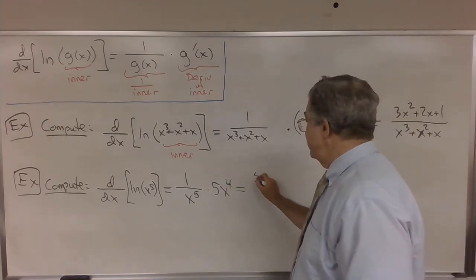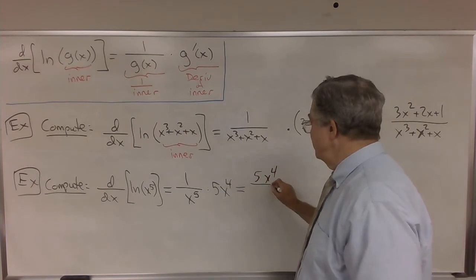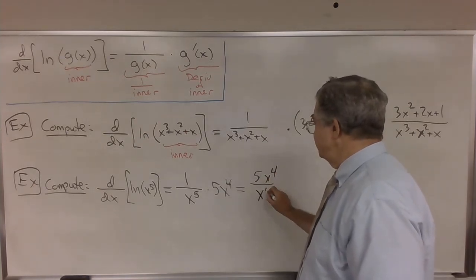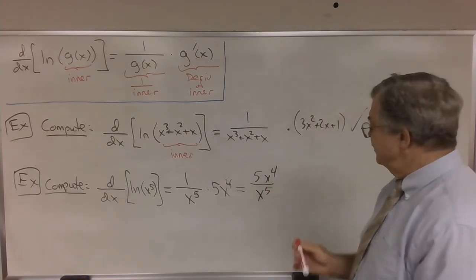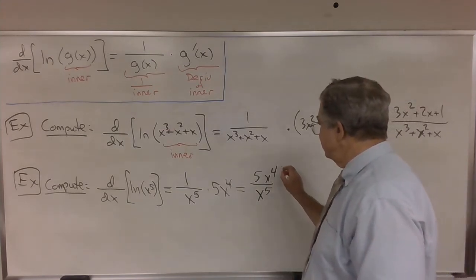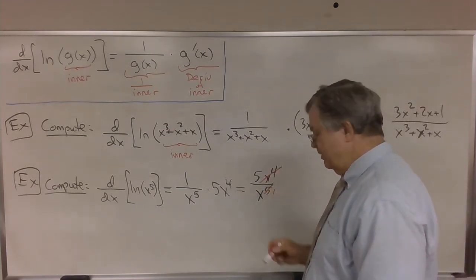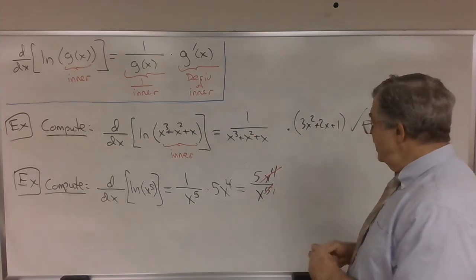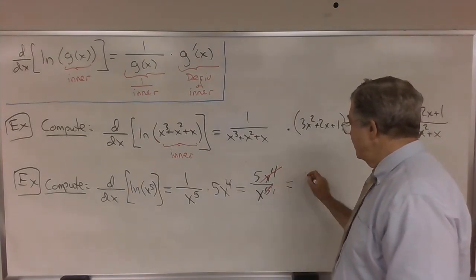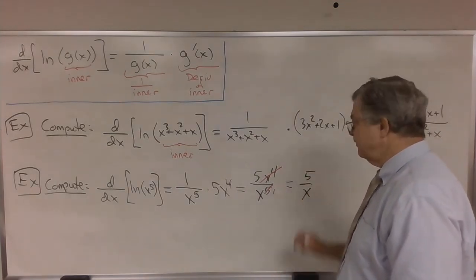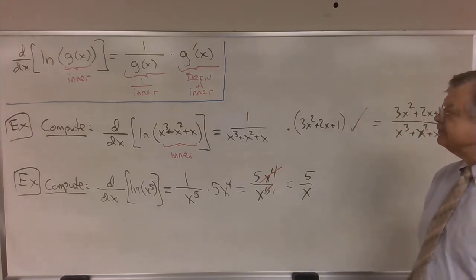So we'll have 5x to the 4th over x to the 5th. And son of a gun, we can cancel an x to the 4th out of top and bottom. And we just get 5 over x. Wow.